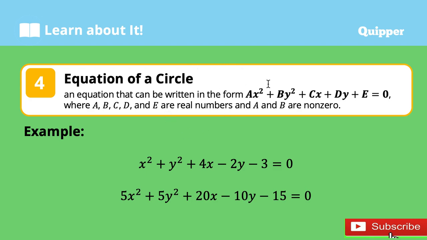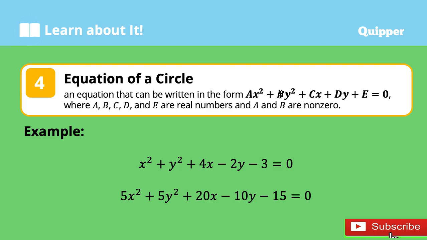Equation of a circle. It is an equation that can be written in the form ax^2 + by^2 + cx + dy + e = 0, where a, b, c, d, and e are real numbers, and a and b should not be equal to 0, or non-zero.